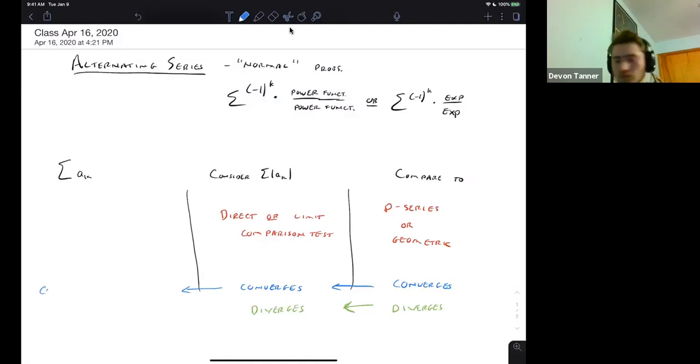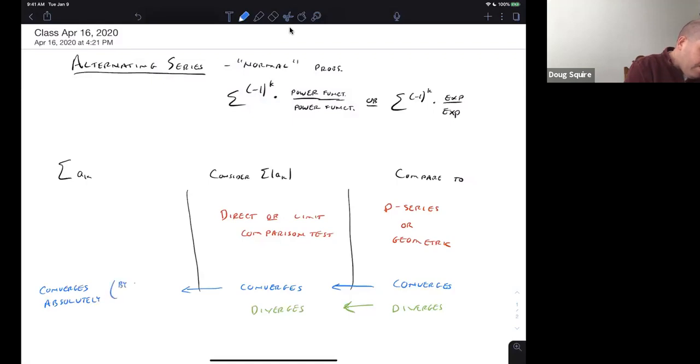And so it converges absolutely, by the absolute convergence theorem. Which is a little weird because it sounds like the answer, but the name of the theorem is almost the same as the name of the answer. So it converges absolutely by the absolute convergence theorem.